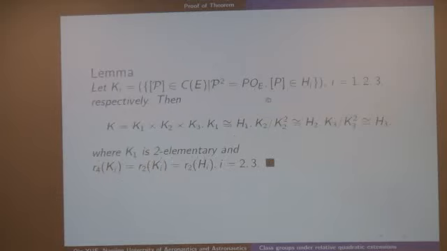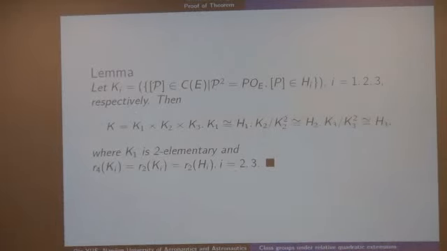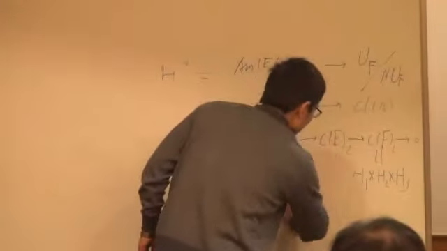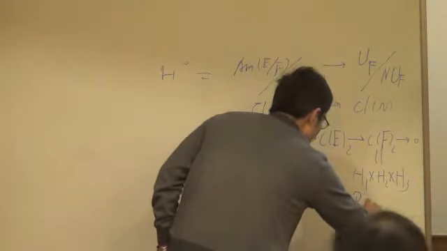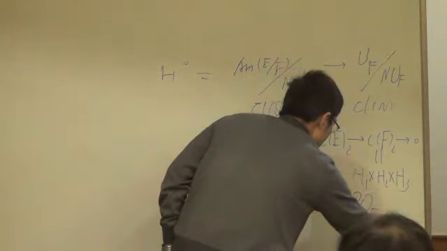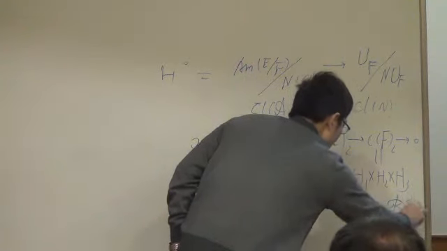Lemma. K1, Ki is K1, I just say right. K1, I said this is also, for example, this is P OE equals to P square.